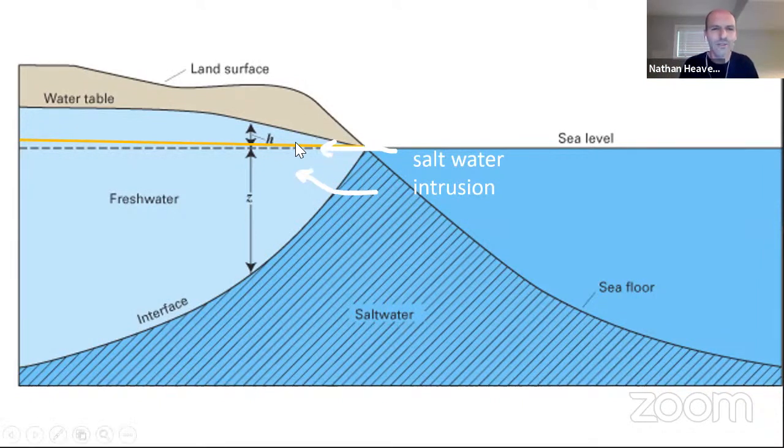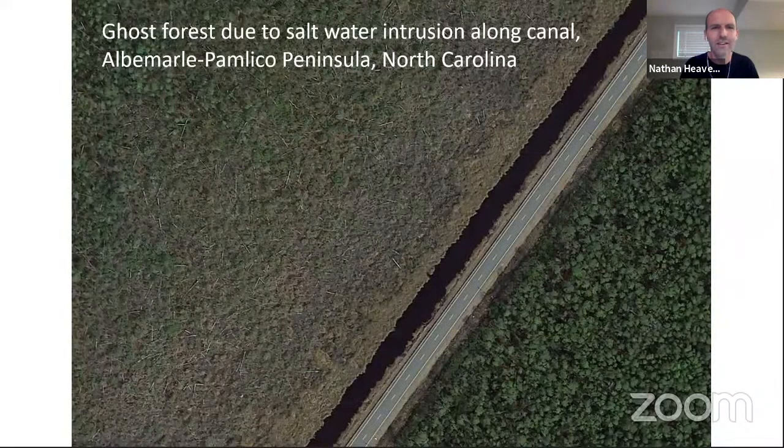And I drew this orange line to represent a truer section, in that saltwater intrusion can run very quickly, especially if you draw down the water table, and can run horizontally long distances inland.